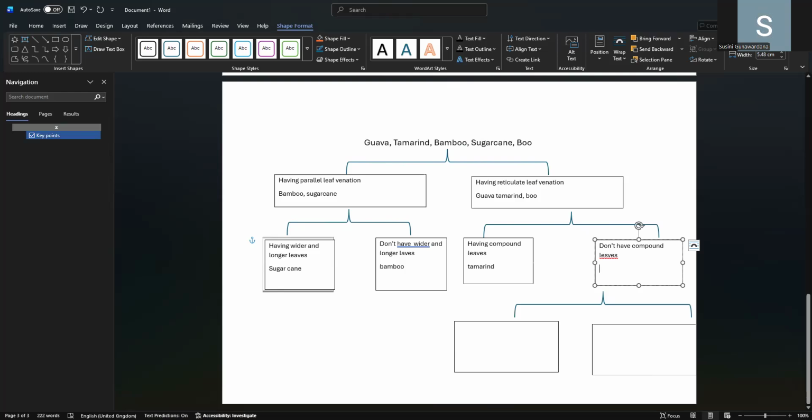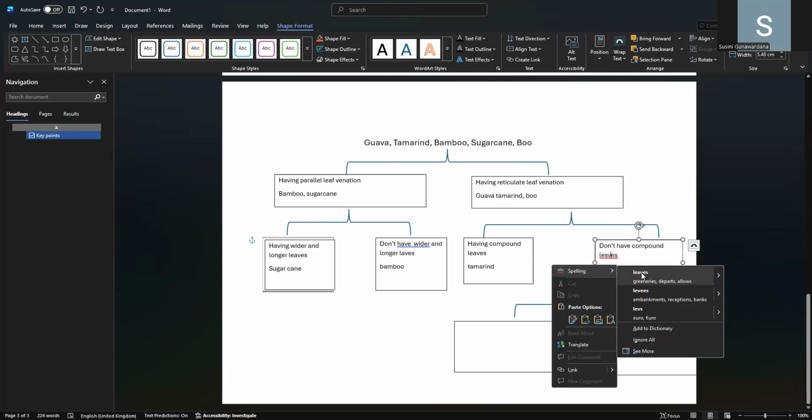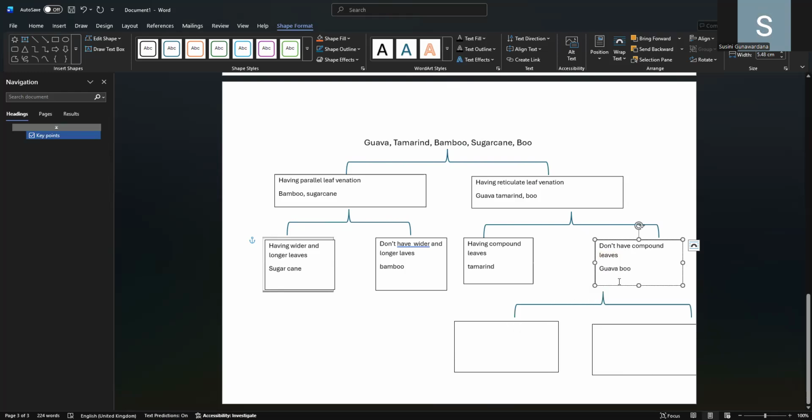So the answers will be guava and bo. So those are the two types of leaves that are remaining. So again, you will have to divide this guava and bo.